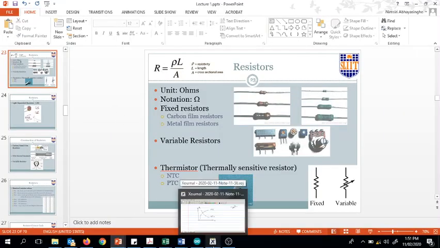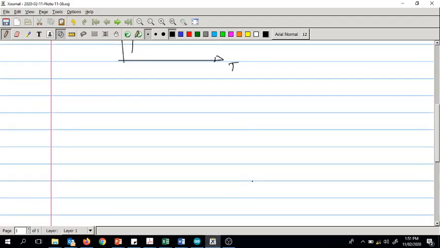Now let's take an example. 100 ohms, right? 100 ohms plus minus 10% means plus minus 10 ohms, right?